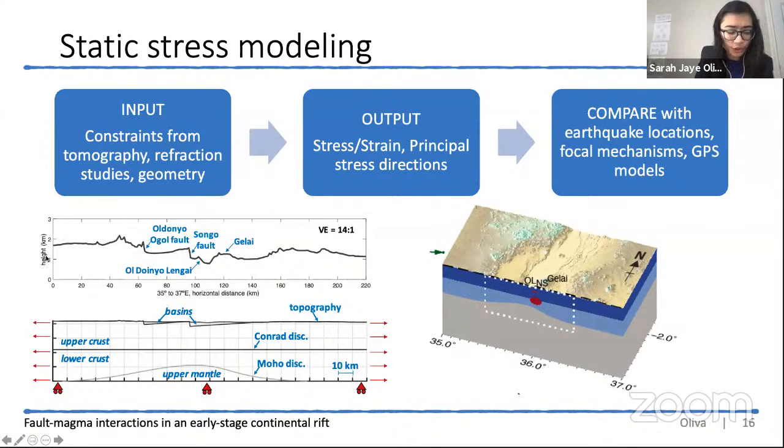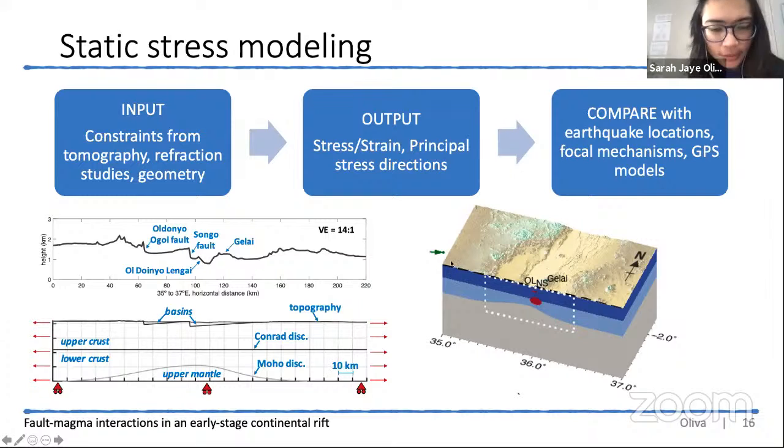Here we have a cross-section of the topography, exaggerated clearly, and we can see a little bit of the northern flank of Oldonyo-Lengai and the southern flank of Galai.